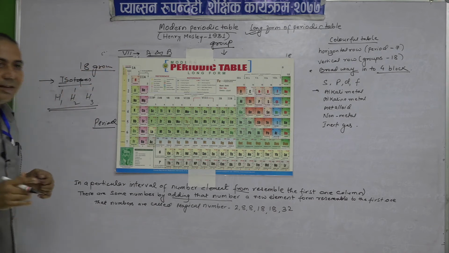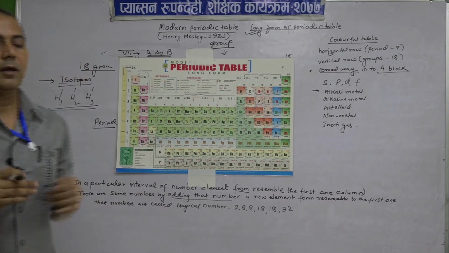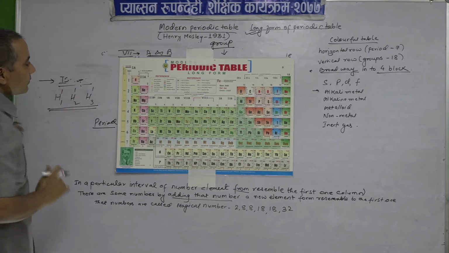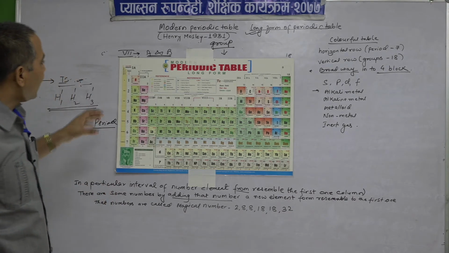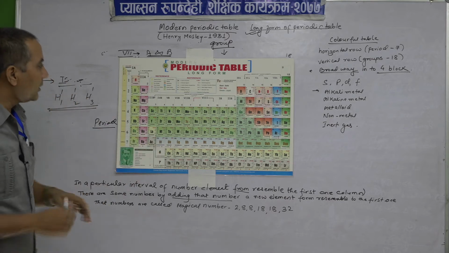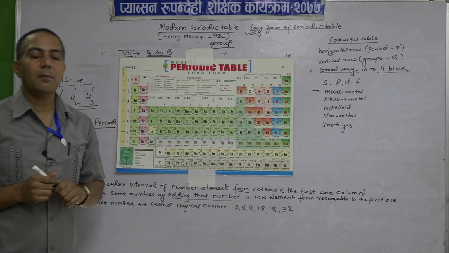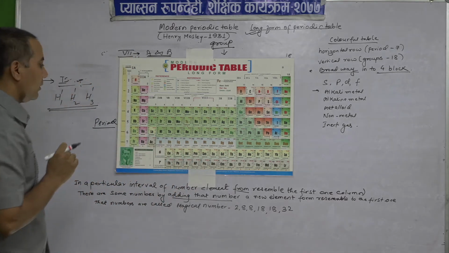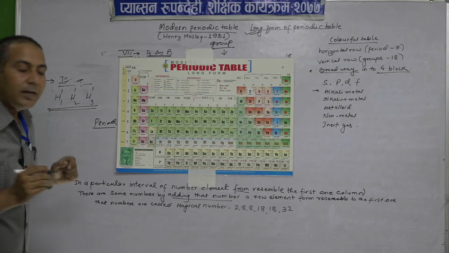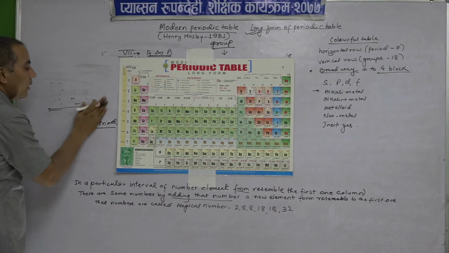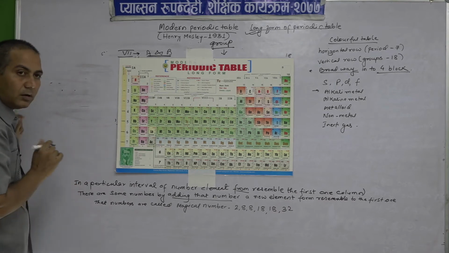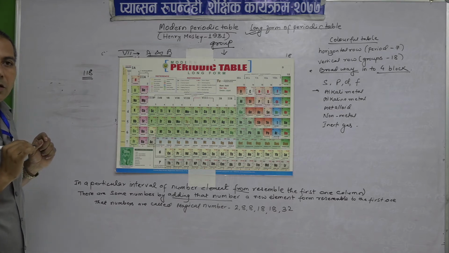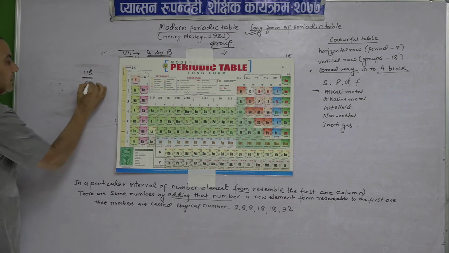In the exam, the difference between the Mendeleev and modern periodic table is often asked. Now another part: in the modern periodic table 118 elements are shown, whereas in Mendeleev's periodic table 63 elements are shown.